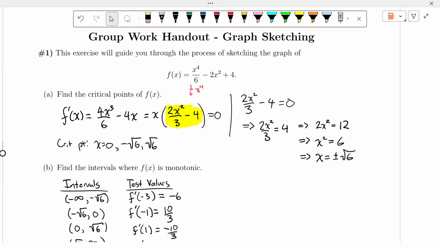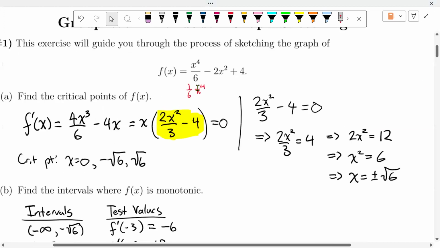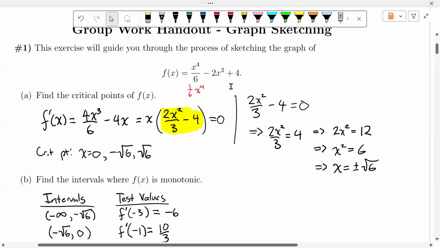I'd given this handout that described how we are going to go about plotting this function here, x to the 4th over 6 minus 2x squared plus 4. I mentioned that x to the 4th over 6, you can think of that as 1/6 times x to the 4th. And then what we're going to do is find the critical points of f to begin with, because we want to figure out where this function is increasing and decreasing.